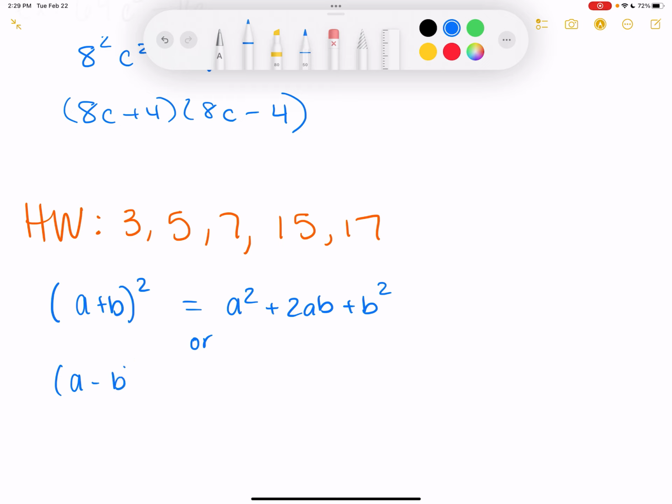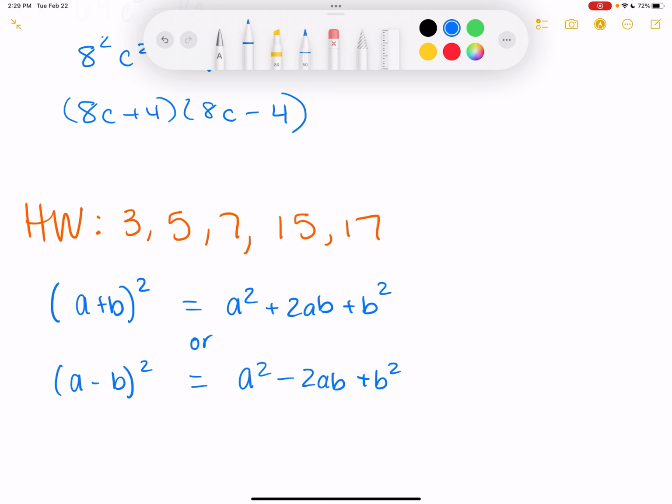Or a minus b squared is equal to a squared minus 2ab plus b squared. So that's what you've previously done. You were given the left side and you had to get to the right side.